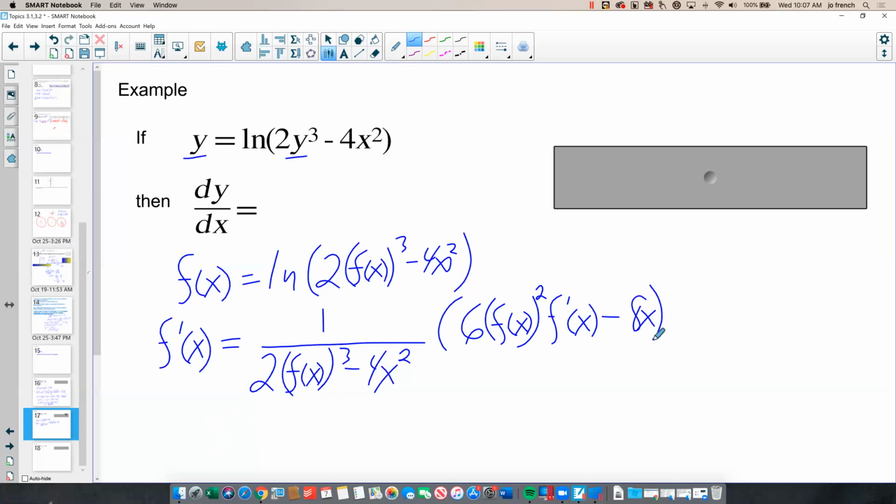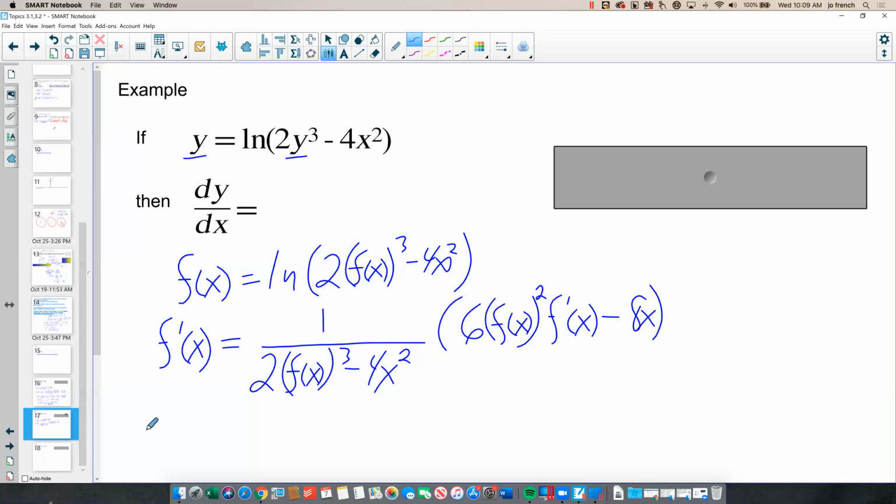Okay. From here, we need to do what we've done in the past and isolate our f prime of x. I'm going to do that by first pulling out the denominator. I'm going to multiply both sides by the denominator so that I don't have to deal with fractions.